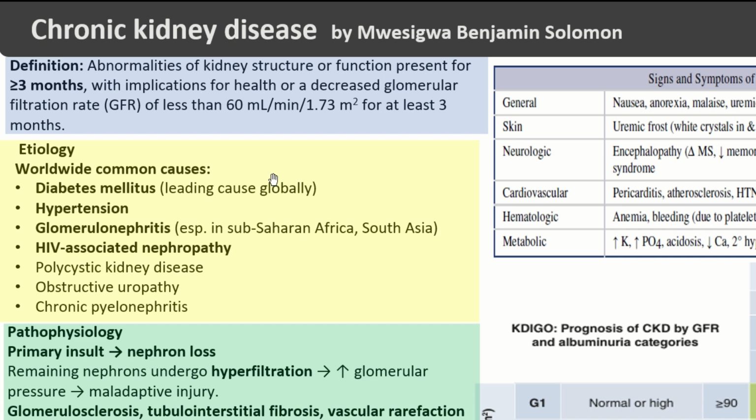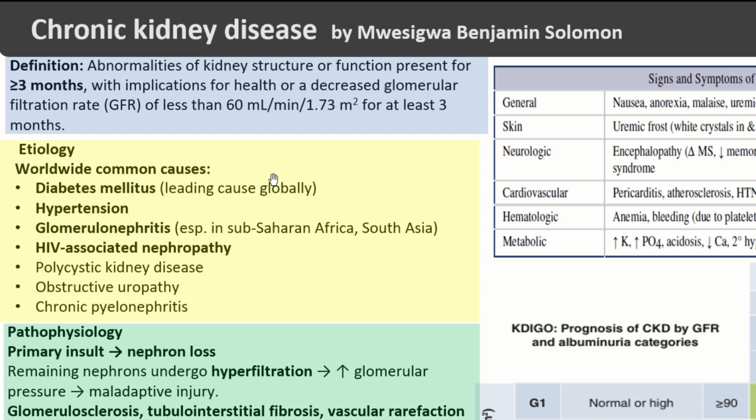And as the nephrons are destroyed, the other nephrons are going to adapt. They're going to work harder to meet the demands of the body to try to keep the glomerular filtration rate up there. So these hypertrophied nephrons are going to be more prone to injury, or are going to be destroyed more easily.